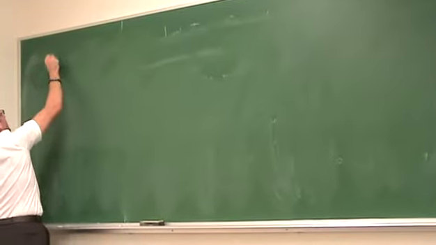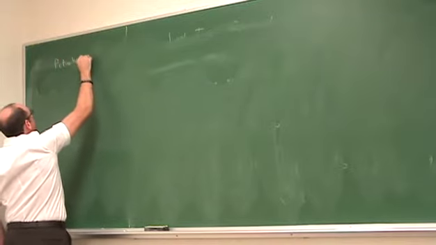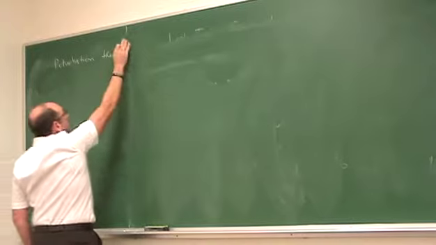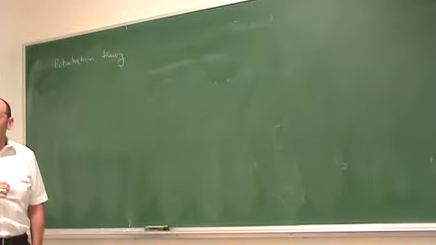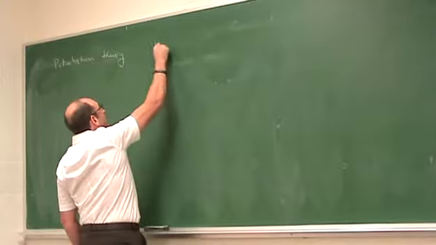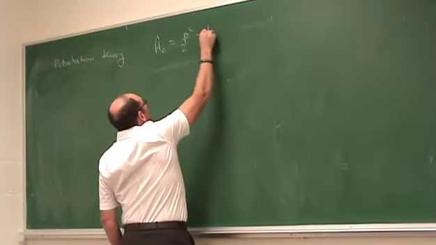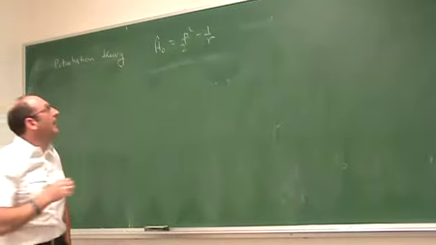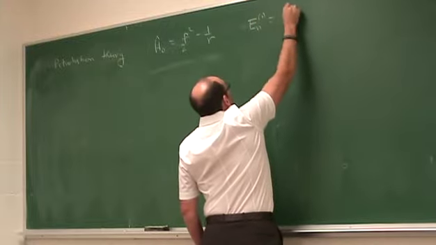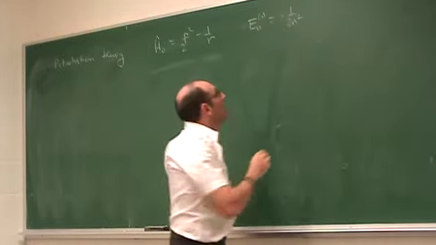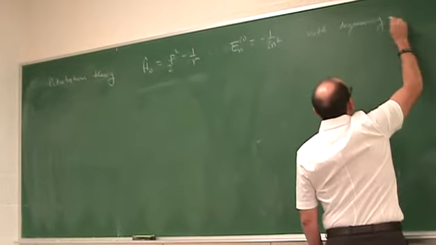So let's look at perturbation theory. Our 0th order Hamiltonian in atomic units is here, and we have our 0th order energy levels with degeneracy 2n squared.